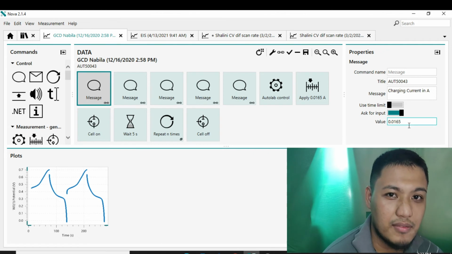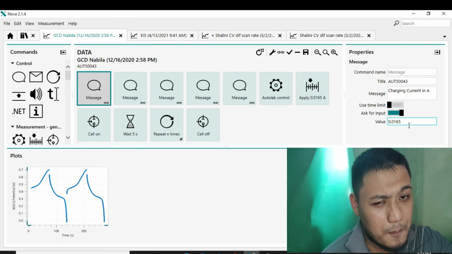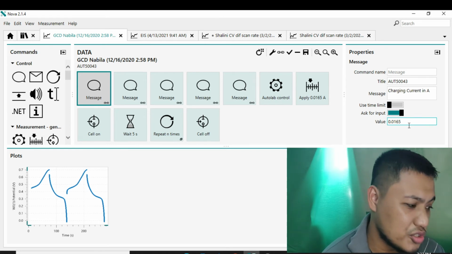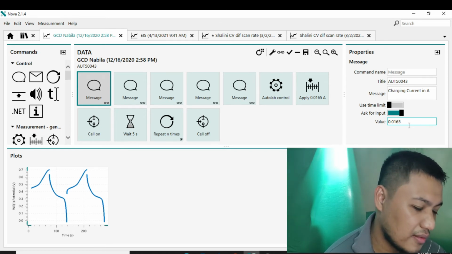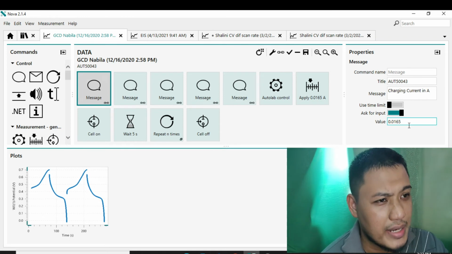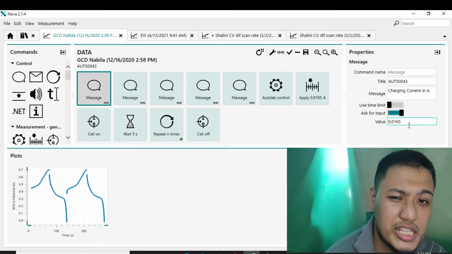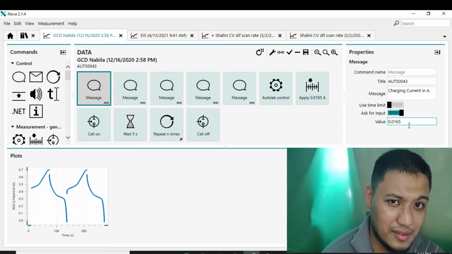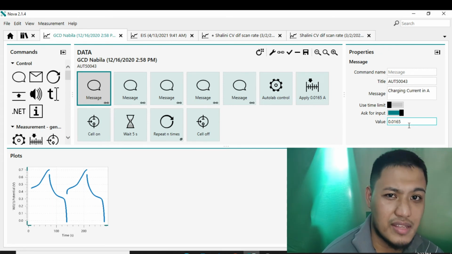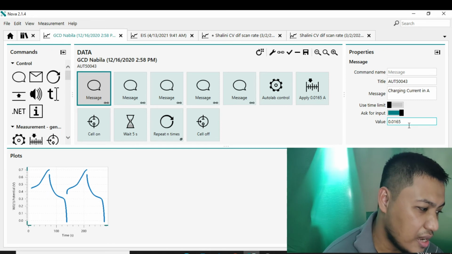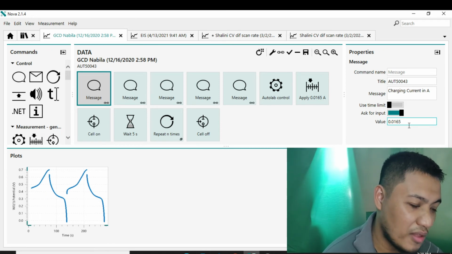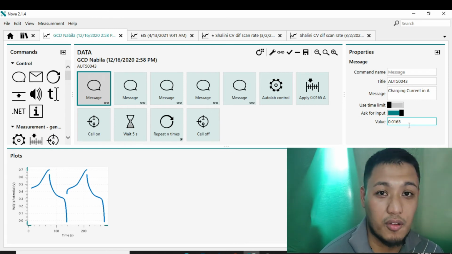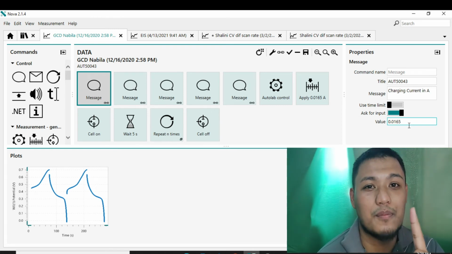So your current should be ampere per gram. To get the current, you should multiply by your mass. For example, 1 ampere per gram, and you already know your mass, for example 0.0165. You just multiply by 1, so my mass 0.0165 equals my current 0.0165, because it is 1 ampere per gram.